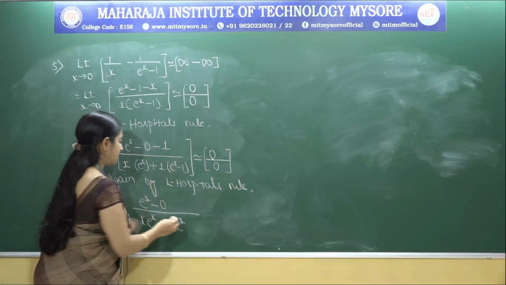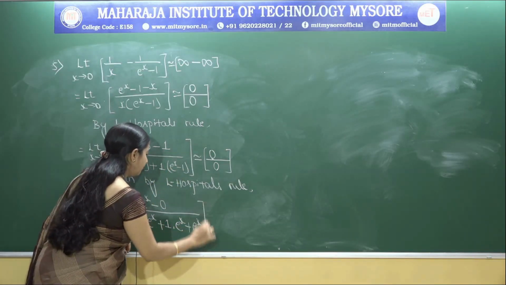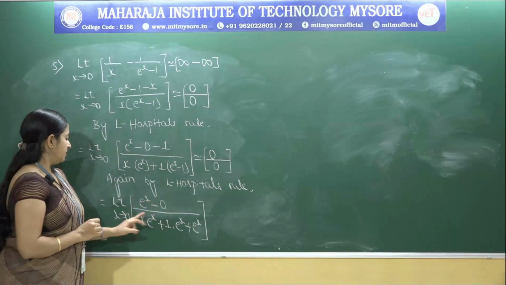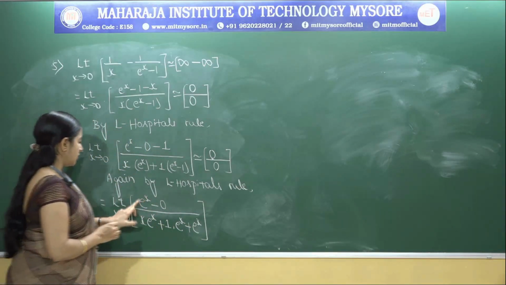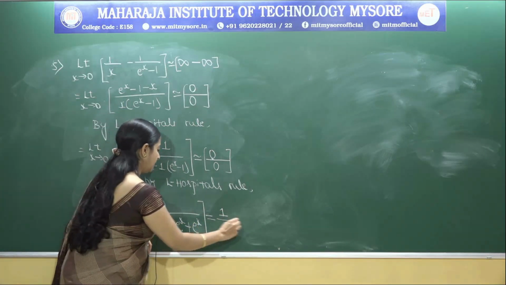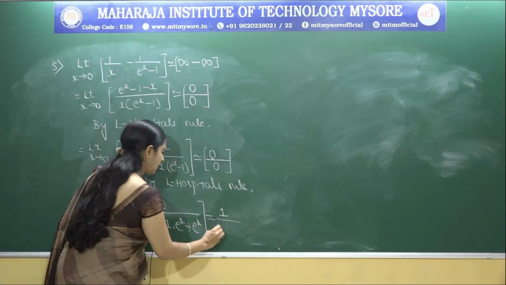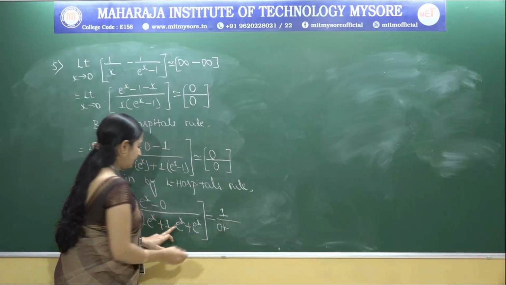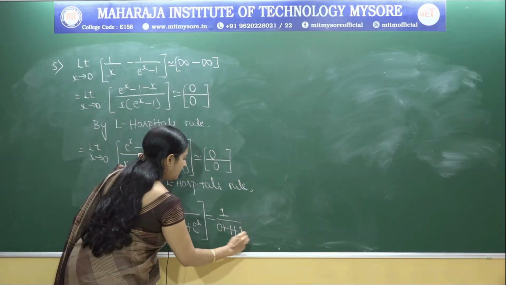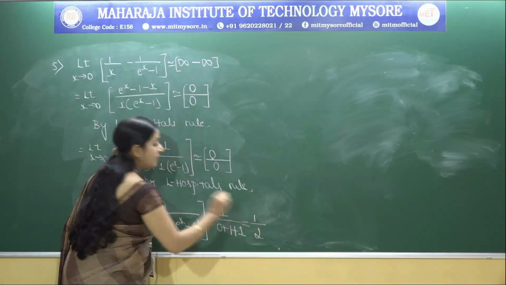Here e power x minus 1, the e power x differentiation is e power x, 1 differentiation is 0. Then apply the limit. For x tends to 0, e power 0, you will get the answer as 1. Denominator, the first term is 0 since it is multiplication of x. Second term, e power 0, you have 1. Next again e power 0, you will get 1. So the answer is 1 divided by 2.